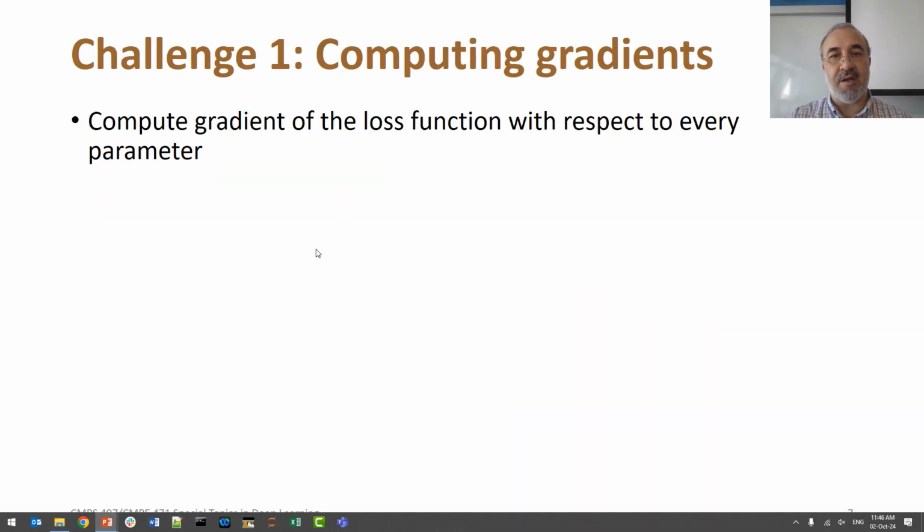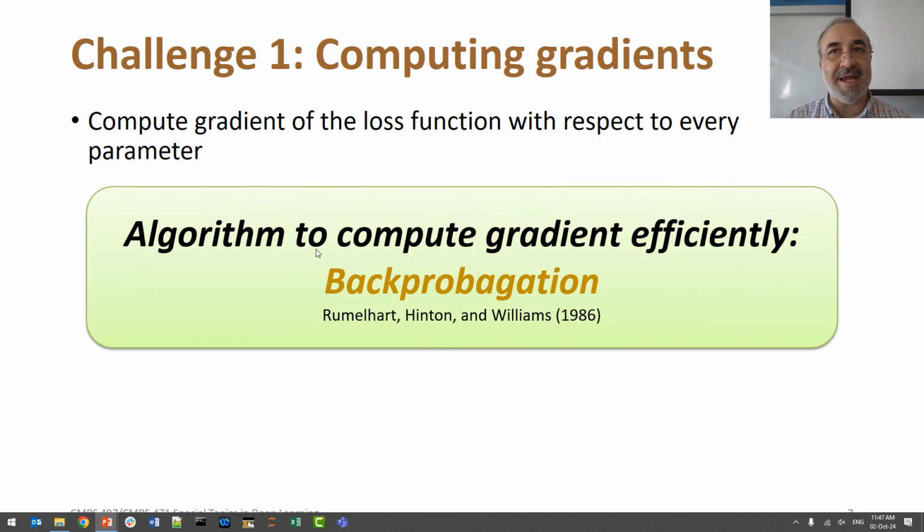So we will, inshallah, compute the gradients using a very famous algorithm called backpropagation. It's a very old algorithm, and you will see that it makes the computation of the gradients very, very straightforward and efficient.